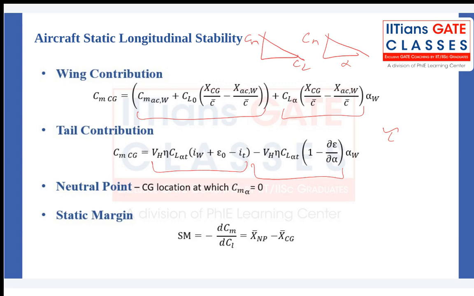It doesn't change the CM versus alpha CM naught, right? That CM naught is different from this CM naught. So even the control surface effectiveness parameter is not in the CM naught equation. So flap effectiveness parameter will certainly not be there.